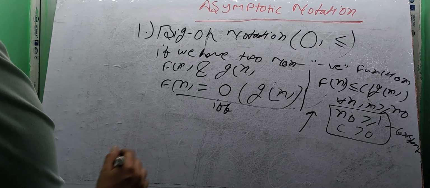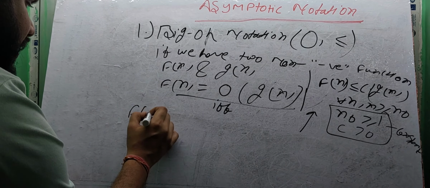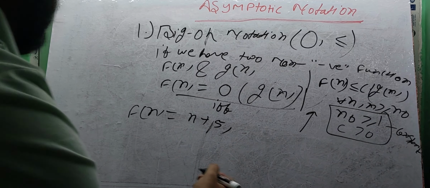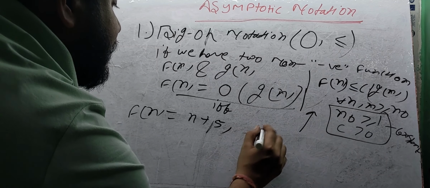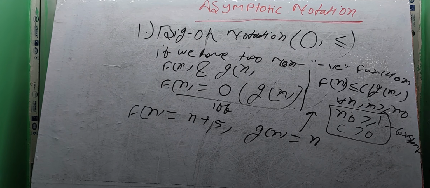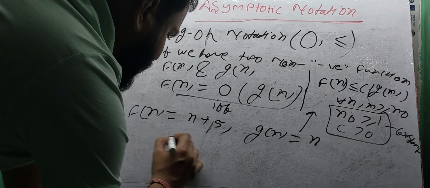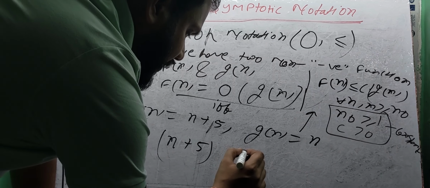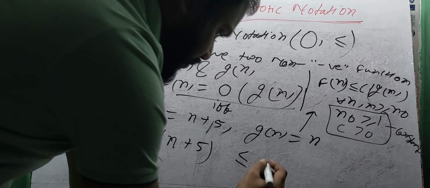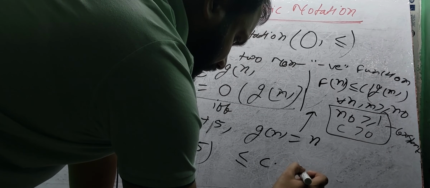Now take an example. If f of n equal to n plus 5, or n plus 1, anything, and g of n equal to n. Now we will prove that g of n is greater than equal to f of n by using some constant c. Take n plus 5. Now, if we need to prove this, then we need to use some constant c and n.